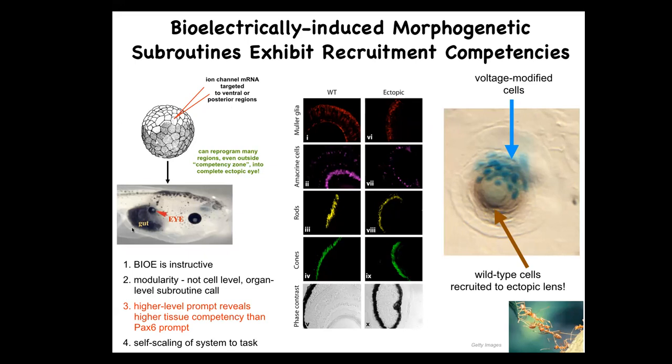So what you have here is these endoderm cells, and when you establish that voltage pattern, they happily make an eye. Now, according to your developmental biology textbook, endoderm should not be able to make an eye. Only the anterior neuroectoderm should be competent to make an eye. That's actually not true. You can get an eye anywhere if you prompt it with the right bioelectrical pattern.